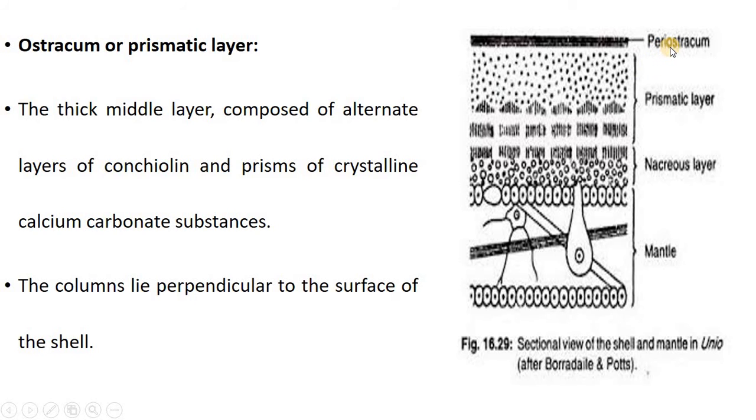This is the periostracum, the outermost thin layer, and the middle prismatic layer, a rather thick layer, with alternate layers of concholine and prisms of crystalline calcium carbonate. These columns lie perpendicular to the surface of the shell.